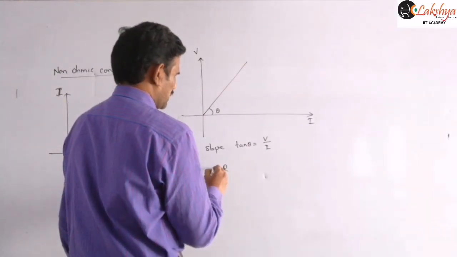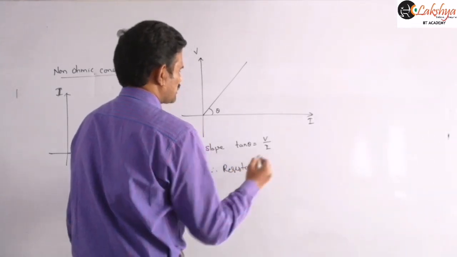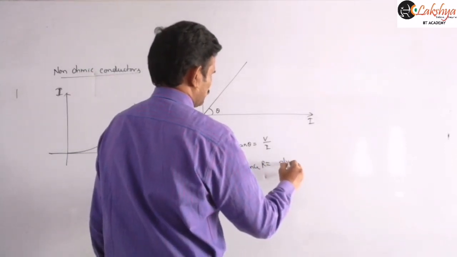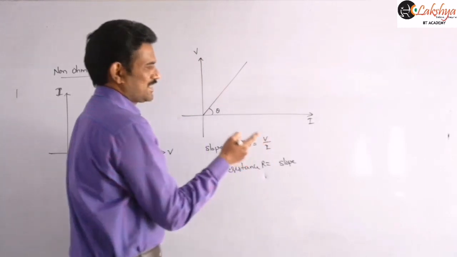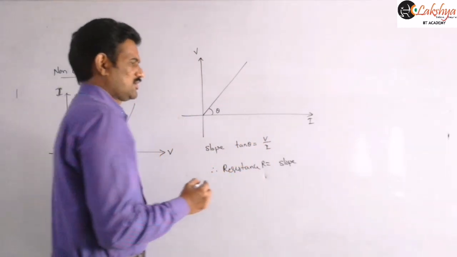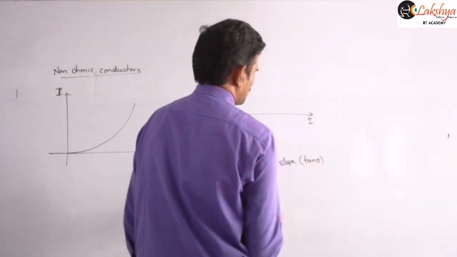Therefore resistance R is equal to the slope, if you are taking current on the x axis and potential difference on the y axis, where slope is tan theta if the theta value is given.